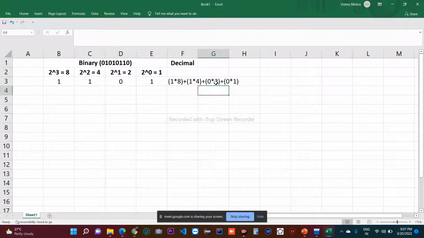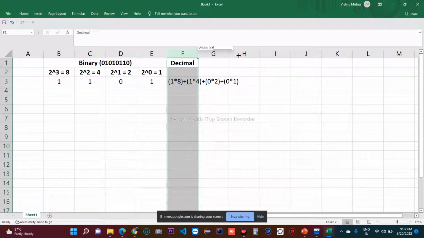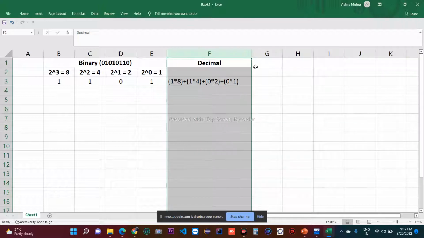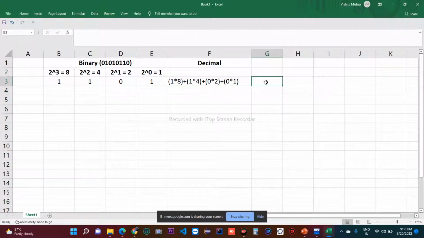This is the decimal equivalent. And this is how much? 8 plus 4, 12. 0 into 2 is 0, so 12 plus 0 is 12. 12 plus 1 is 13. This is the decimal equivalent.